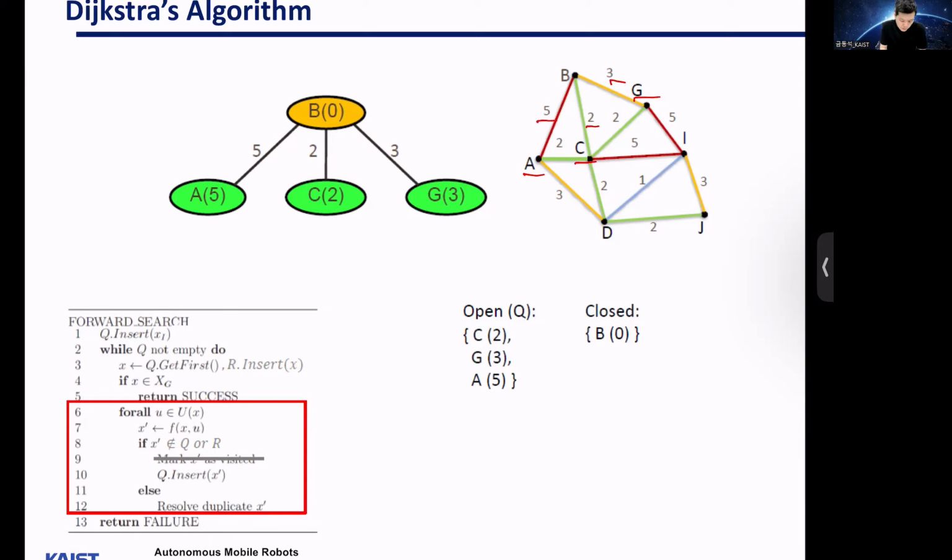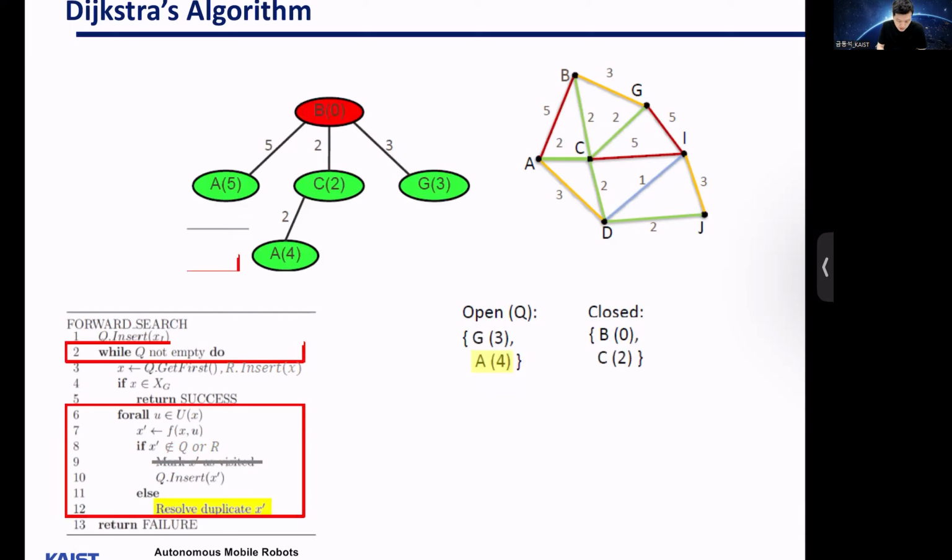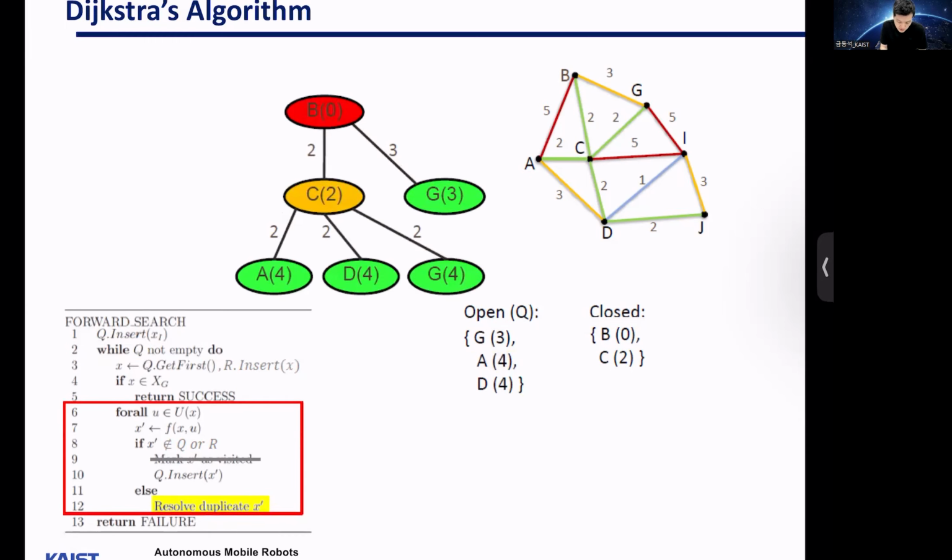We note the position and the total cost as shown here. Then we have A5, C2, G3, and we continue branching out the paths from each node, A, C, and G.